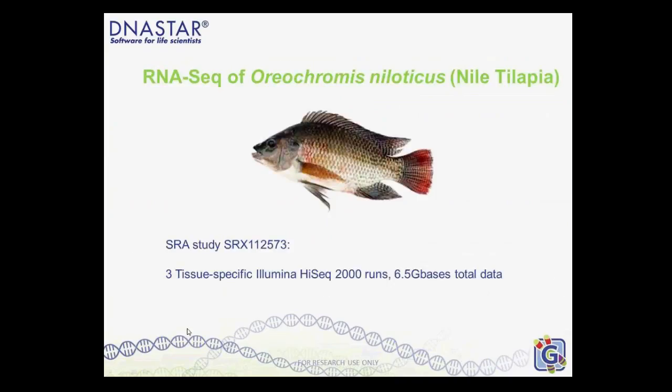So today, we're going to look at a data set that I downloaded from the Short Read Archive. It's a Nile tilapia, and it's just one I picked randomly. We've got many different data sets that we use to test, and this particular data set has 3 tissue-specific Illumina HiSeq runs. So it's about 6.5 gigabases of total data.